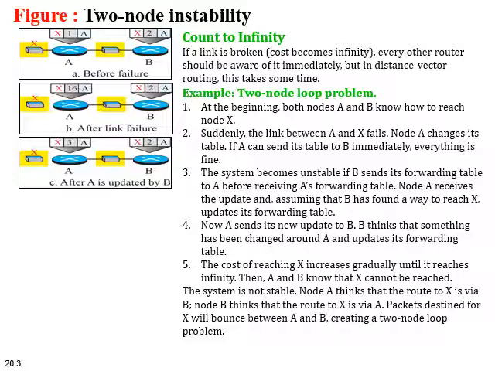So it updates its table as: I can reach X with a cost of 3.